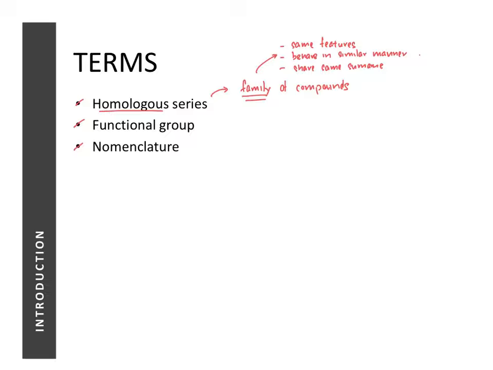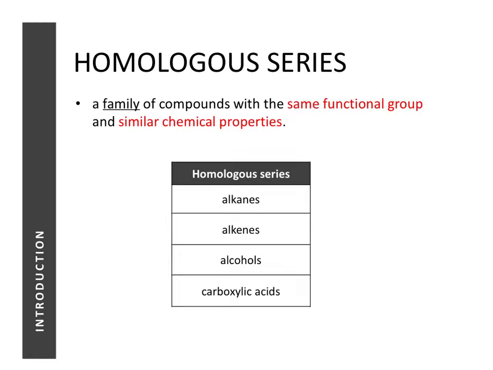You're going to see an unfamiliar term, but don't worry, we're going to define that next. As mentioned, a homologous series is a family of compounds which has the same functional group. I know we have not learned this term, but for now you can treat it like the features. They share the same features and similar chemical properties.